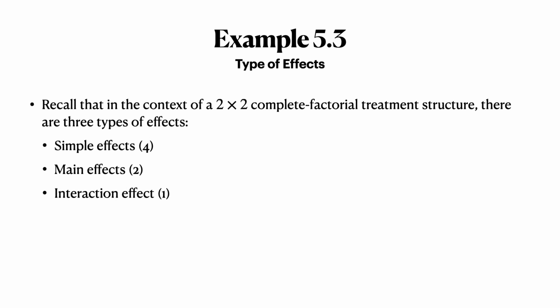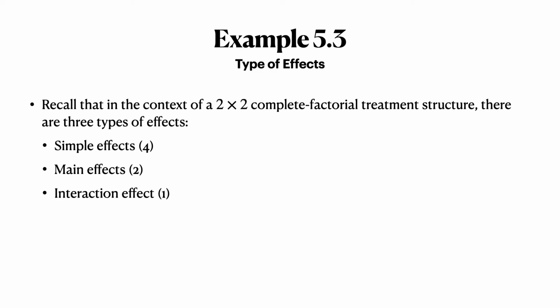All right, now that we have those, we can move on to calculate the various kinds of effects. Recall that in the context of a 2x2 complete factorial treatment structure, there are three types of effects. Simple effects, of which there are four, main effects, of which there are two, because there are two factors, and then one interaction effect.